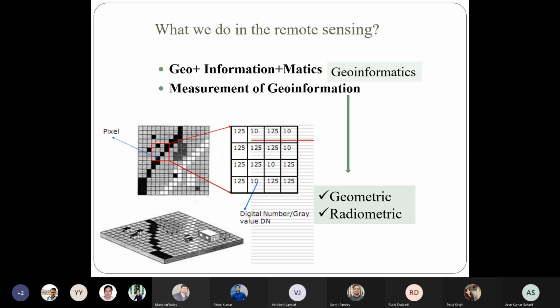In the background of that color, there is a number, and that number represents the energy coming from that ground cell. So this is the backward workflow.